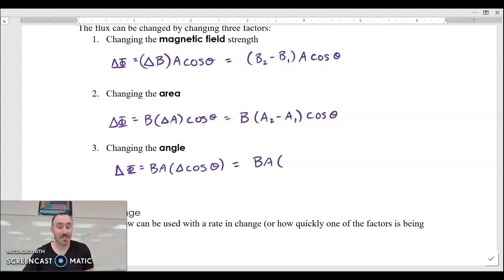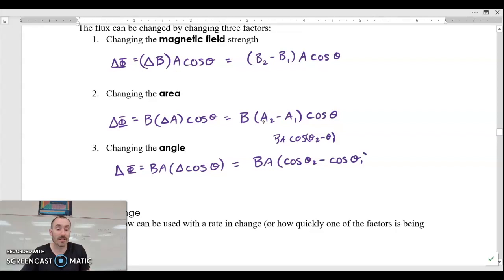BA. Now this last one here, this one you need to pay close attention to, because what some people want to write is BA, don't write this, BA times the cosine of theta 2 minus theta 1. But that is not correct. What we really want is the cosine of theta 2 minus the cosine of theta 1.